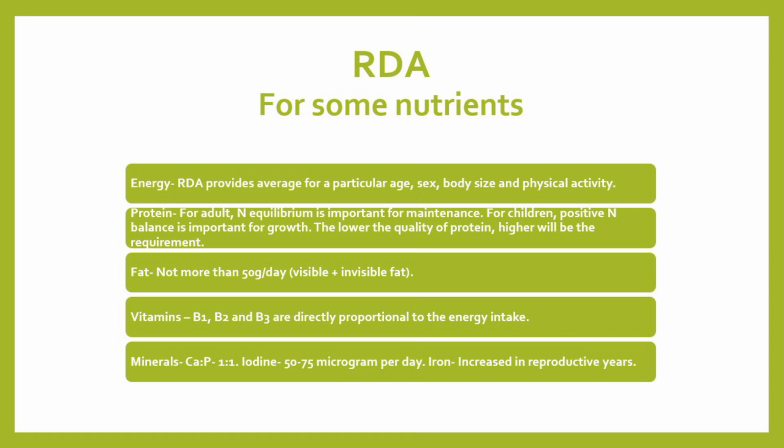For fats, it is advised to keep the amount below 50 gram per day to avoid obesity and cardiovascular diseases. It is important to remember that the amount of B1, B2, and B3 vitamins is always directly proportional to the energy intake. For calcium and phosphorus, a 1 to 1 ratio is preferred. For iodine, 50 to 75 microgram per day is the recommendation.